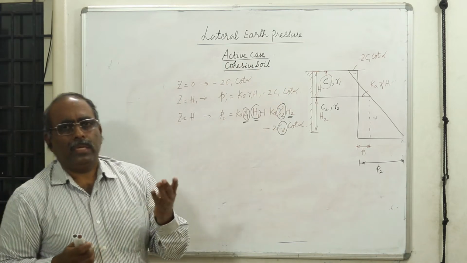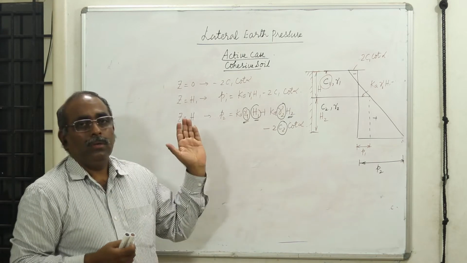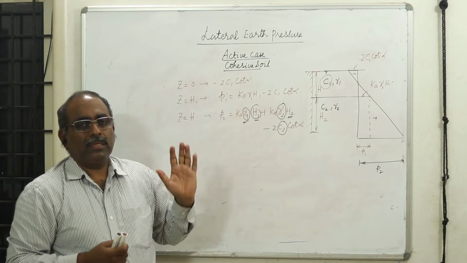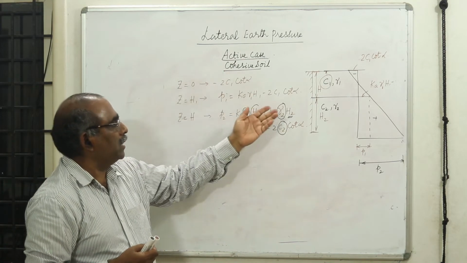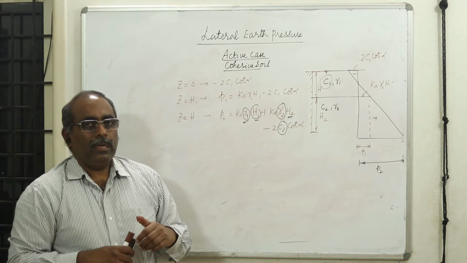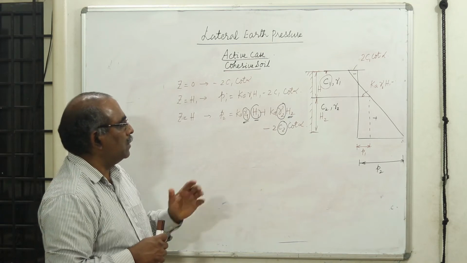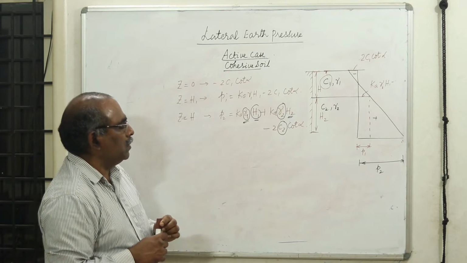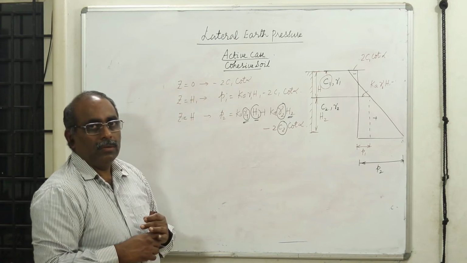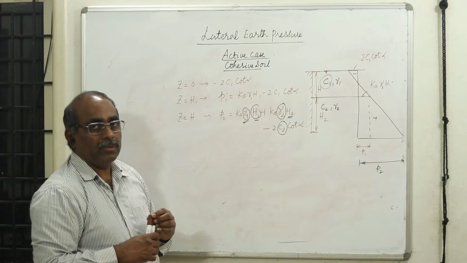You have seen how, for a structure in the active case with cohesive backfill, a partly dry and partly submerged condition is handled, and finally the case of a layered system with different soil properties. In the next portion we will continue with the other cases. We will work out some numerical examples on the active case with cohesive soils using Bell's equation. Then we will discuss the passive case.